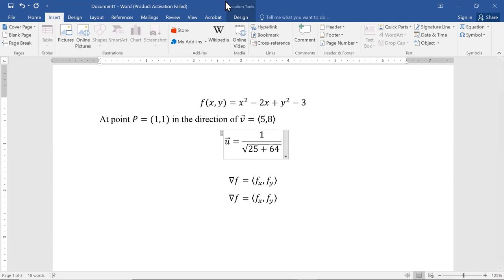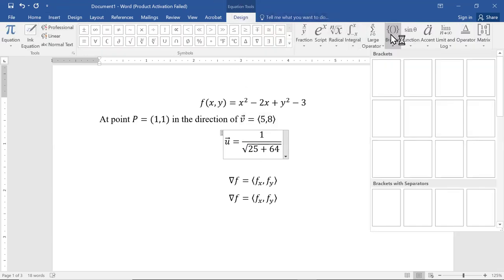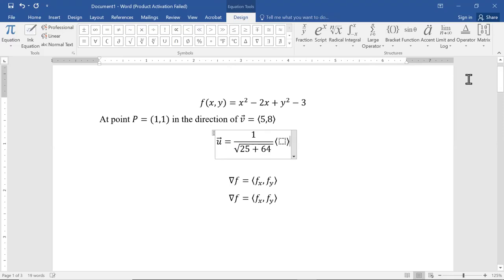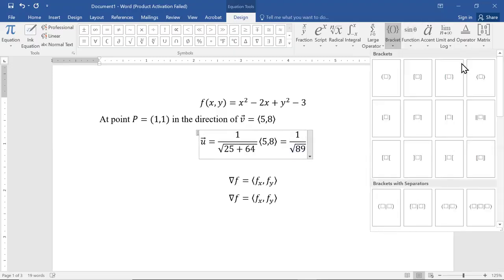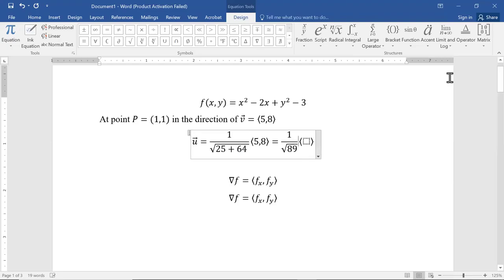And then I'm going to multiply that times the vector 5, 8. So times 5, comma 8. Might as well just do another line. 1 over the square root of 89 times vector 5, 8.